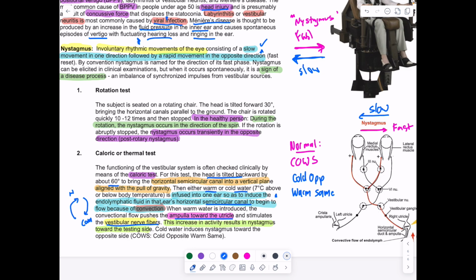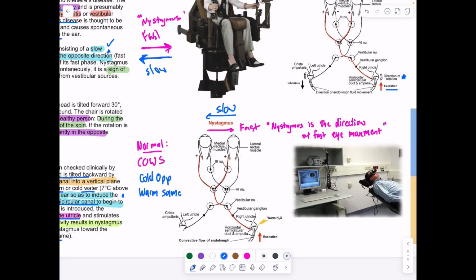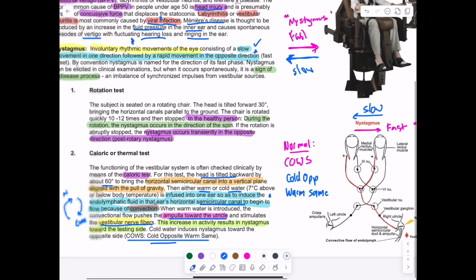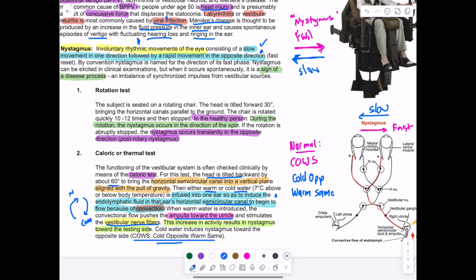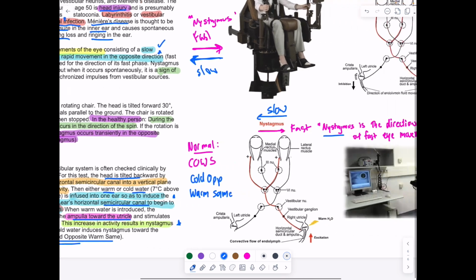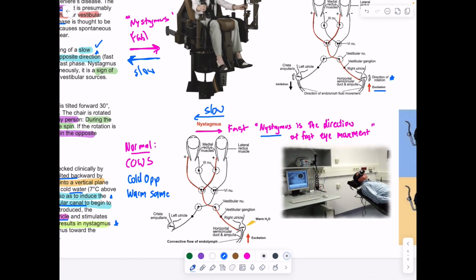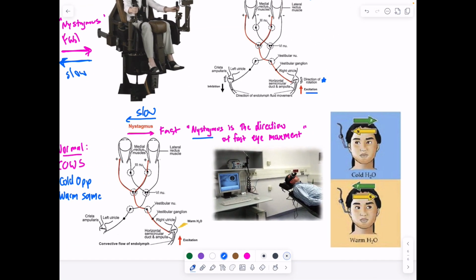And so we have this mnemonic: COWS, cold opposite, warm same. So if you put cold water in their ear, you're going to have nystagmus, the rapid movement, opposite to the testing side.